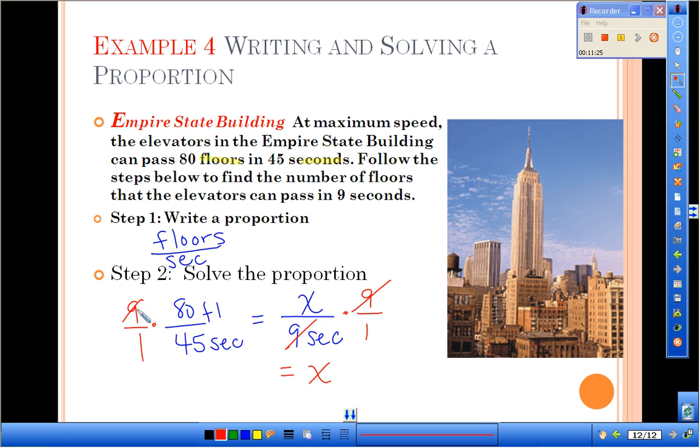I am going to cross cancel here by 9 because 9 will go into 9 one time, and 9 will go into 45 5 times. So we've got 80 divided by 5, and 80 divided by 5 is 16. So in 9 seconds, the elevators at the Empire State Building will go 16 floors.